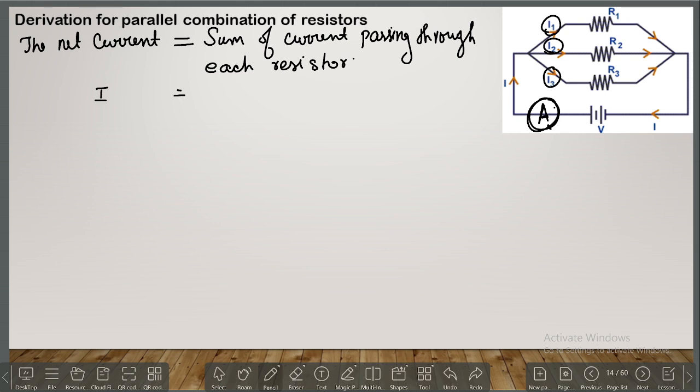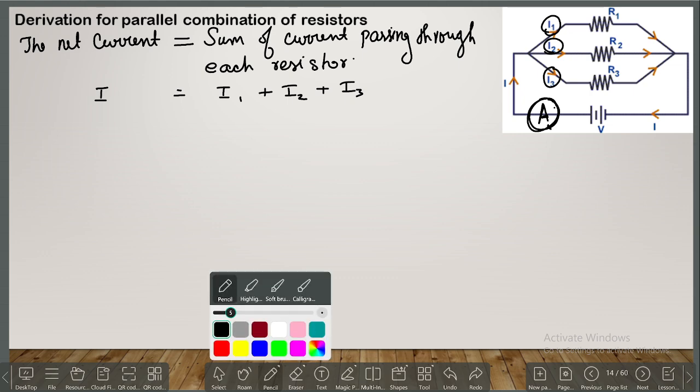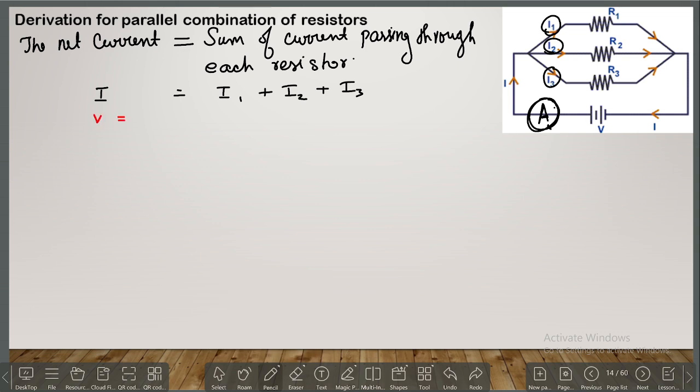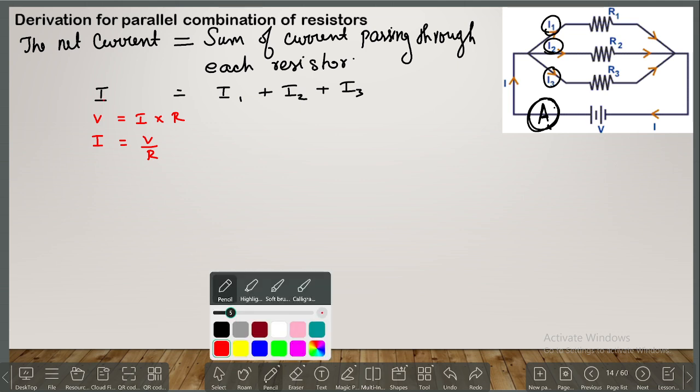I is equal to the sum, that means we are going to add I1 plus I2 plus I3. Again from Ohm's law, what is the Ohm's law formula? V is equal to I into R. If I need I, how does the formula rearrange? I is equal to V by R. Then instead of I we can substitute V by R. Then how will the first equation rearrange?